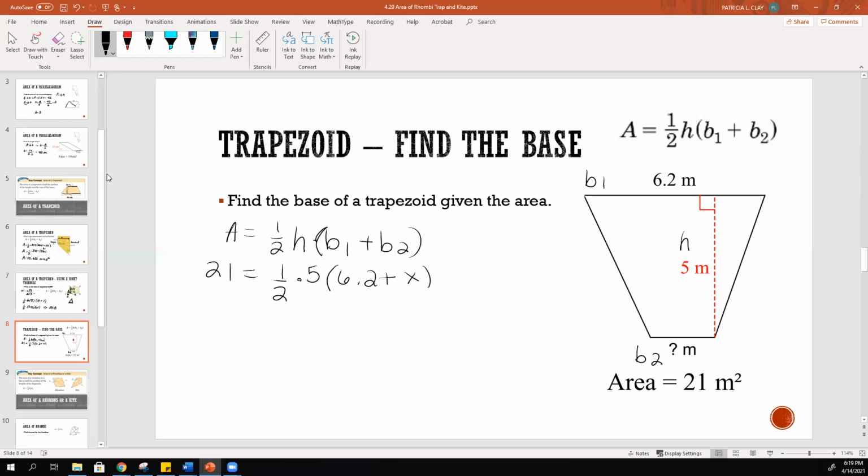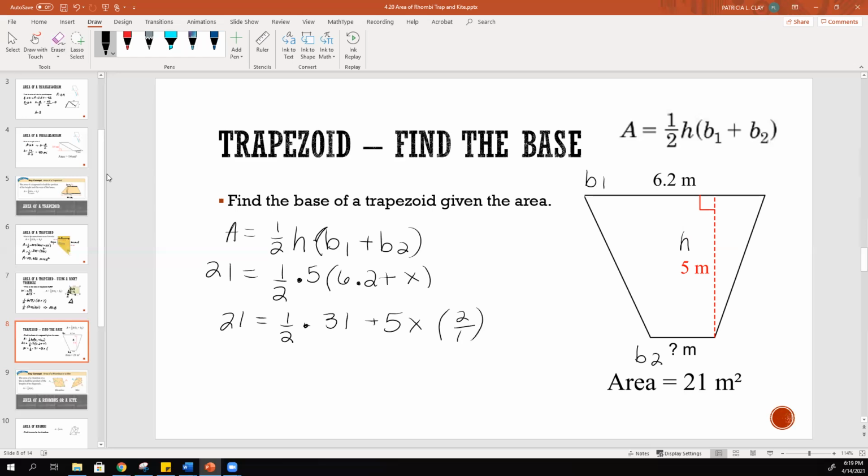Okay. So we did this before on some of our previous lessons. We have to distribute this through. So let's do that so we can all see. So it's going to be 5 times 6.2, which is going to be 31. And we're going to have to go 5 times X. We're going to have 5X. All right. Now I'm going to get rid of this fraction right here, like we've done in the past.